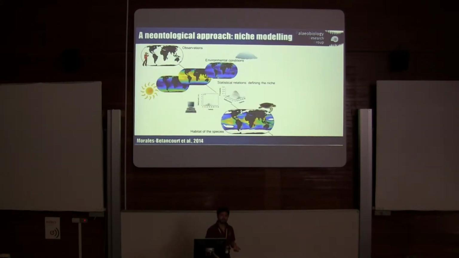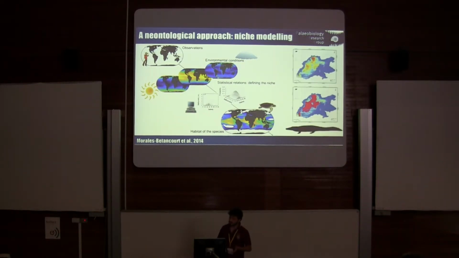So there are neontological ways of approaching that, especially when you need to interpolate between fragmentary and dispersed spatial data. And one of these is ecological niche modeling. Niche modeling is basically a modeling approach where you train your sets of spatial data, taxonomic occurrences, to the climatic or environmental conditions corresponding to their coordinates, then build some machine learning algorithm or generalized linear model algorithm, and project that to other conditions, to other areas, and so you can reconstruct the actual abiotic niche of a determinate taxon.